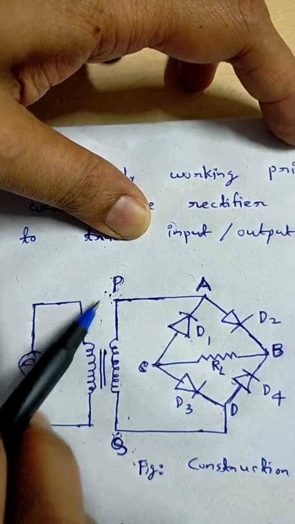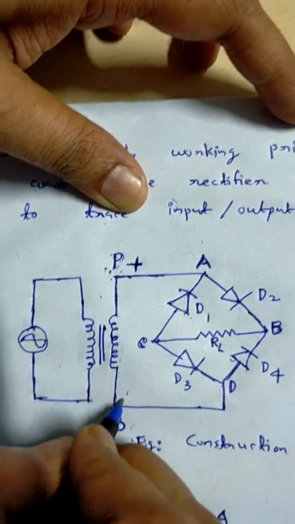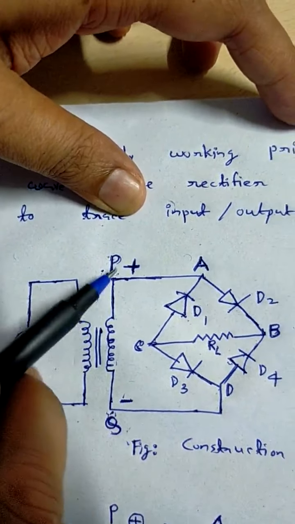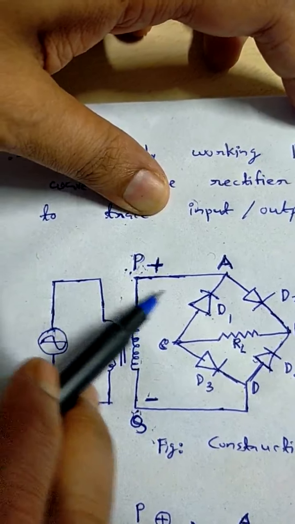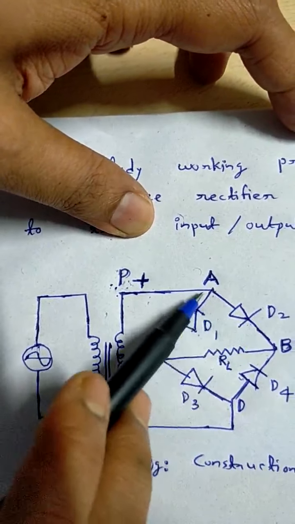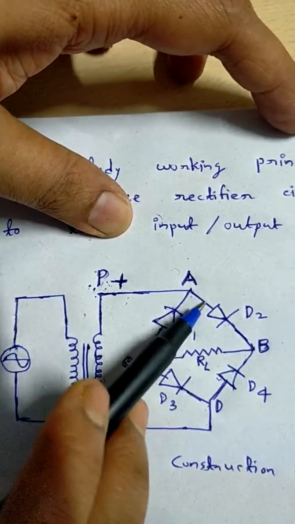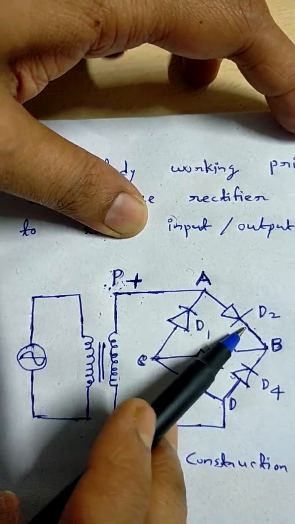So whenever this end is positive and this end is negative, because this end is at a higher potential with respect to this end, that means at that time diode D2 will be in the conducting mode, because this is the positive terminal of the diode, this is the negative terminal of the diode.